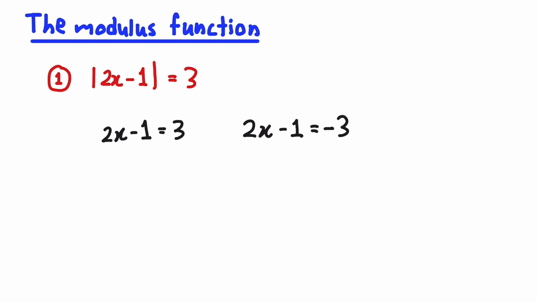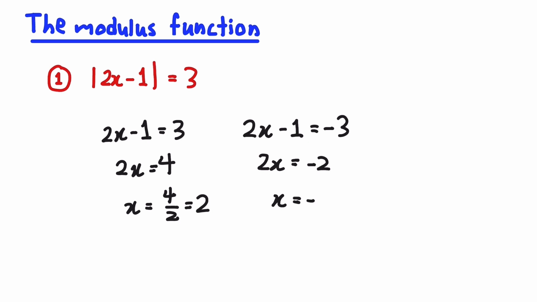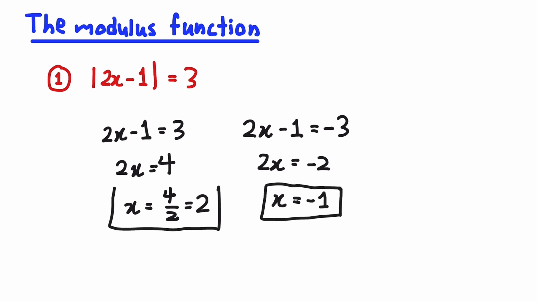So we could answer this quickly. 2x equals 4, so x will equal 4 over 2, which is 2. And here we have 2x equals negative 2, so x will equal negative 1. So now we have two values for x.